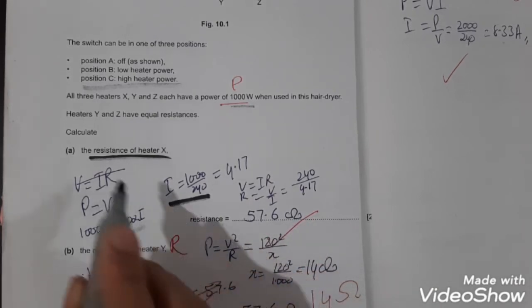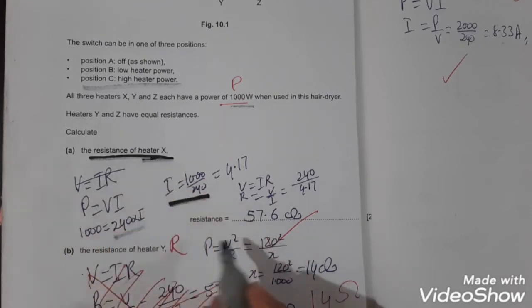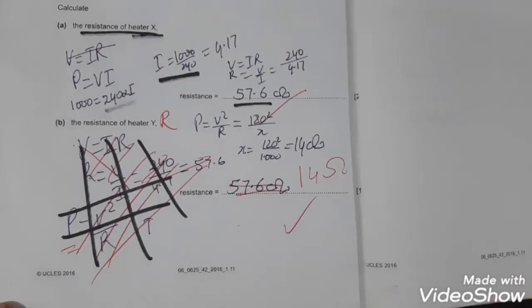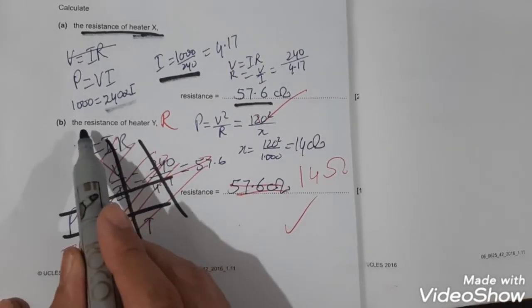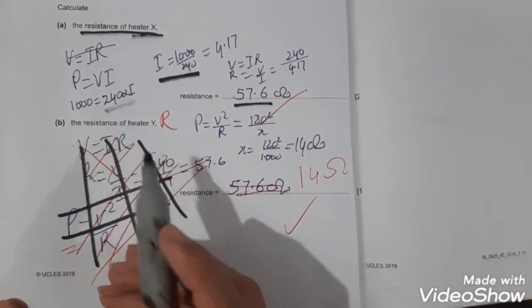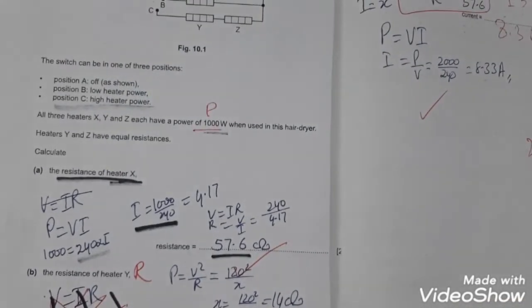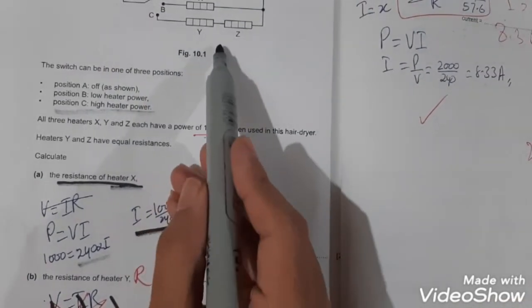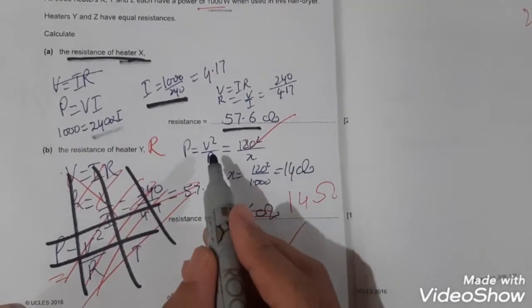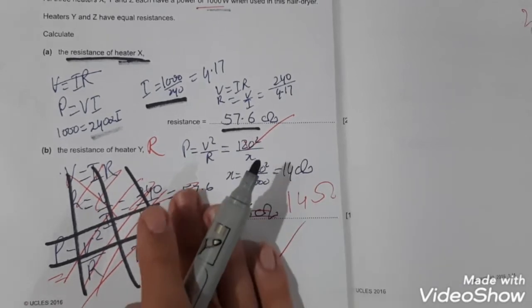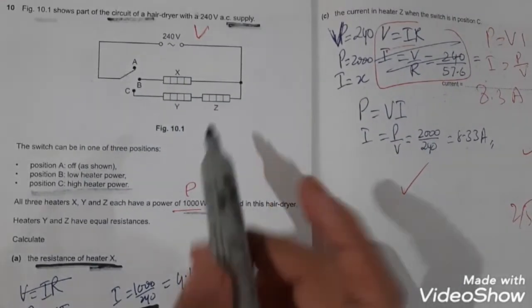So the resistance of heater X is 57.6 ohms. Question B states calculate the resistance of heater Y. As there are two heaters which have equal resistance, we will use V squared, because each will be using half the voltage.